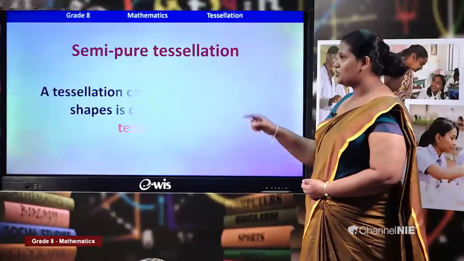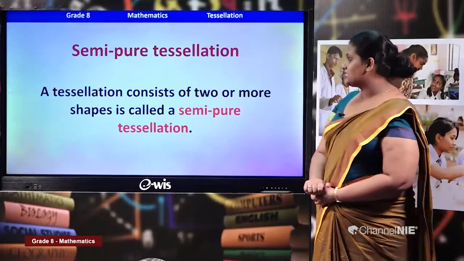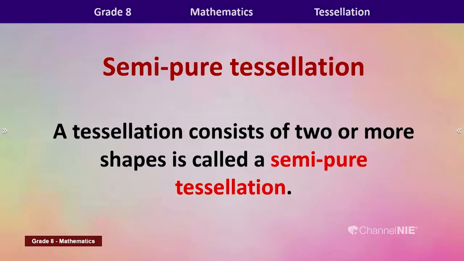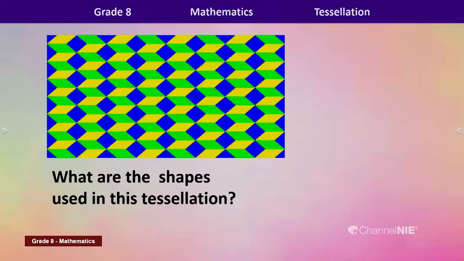Pure tessellation had only one shape throughout the pattern or throughout the tessellation, but here in semi-pure tessellation you can use 2 or more shapes. So, we will define semi-pure tessellations as a tessellation consists of 2 or more shapes. Right. We will move on to some examples.